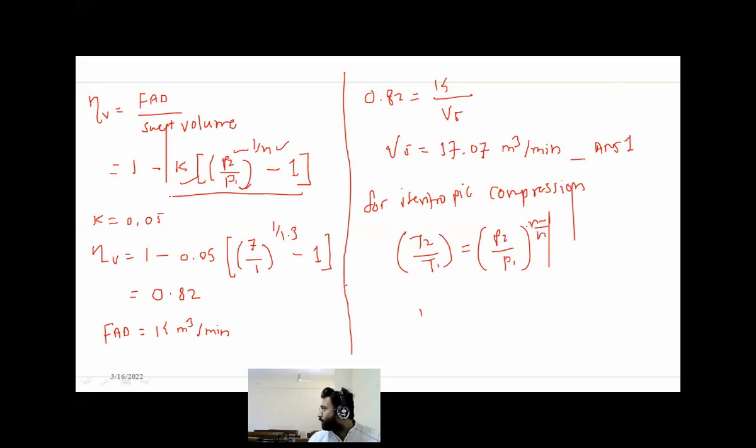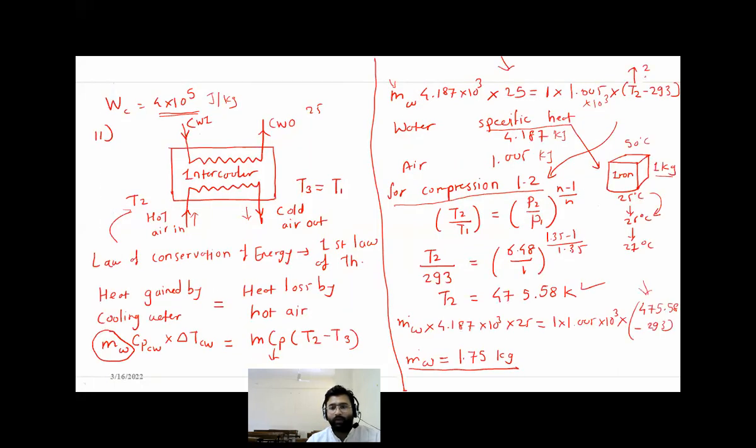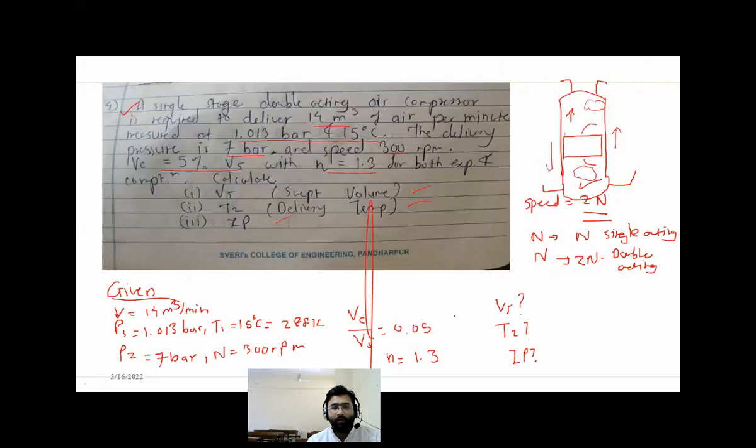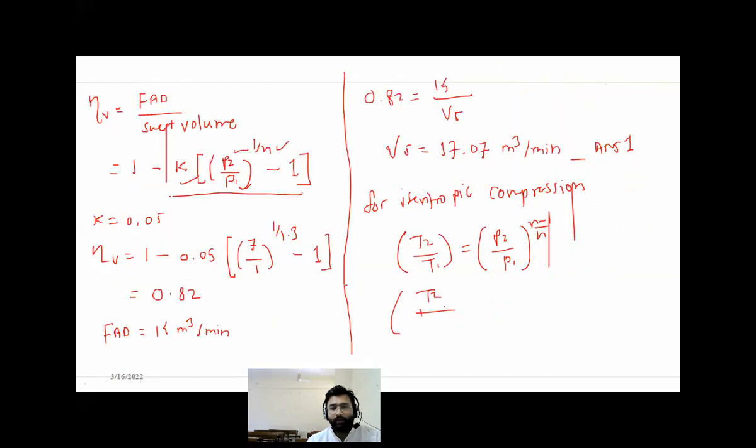Is it correct? In the last numerical we solved the same. So now we put the values. T2 is unknown, but T1 is known. How much is T1? 288, that is 15 degrees Celsius. T2 by 288 is equal to 7 divided by 1, raised to 1.3 minus 1, divided by 1.3. So from this calculate T2.